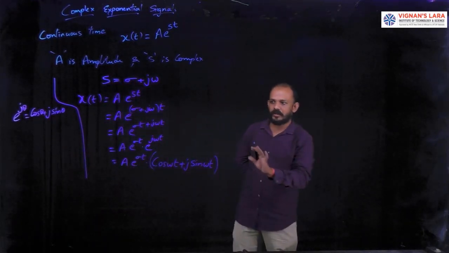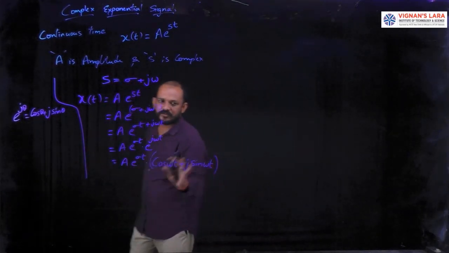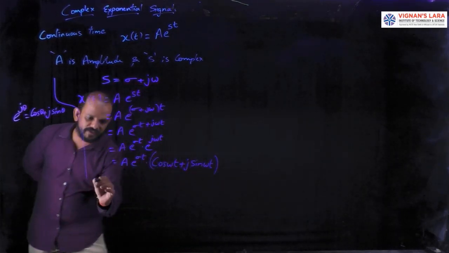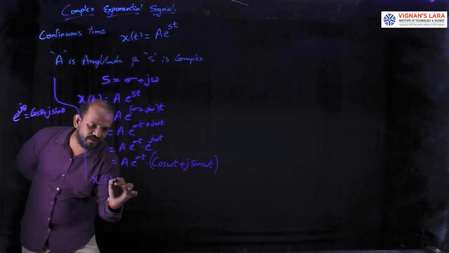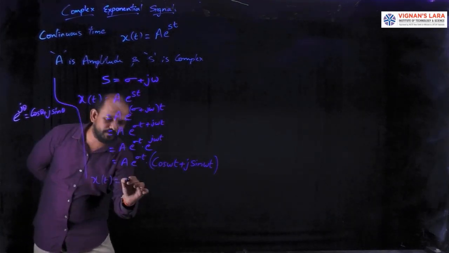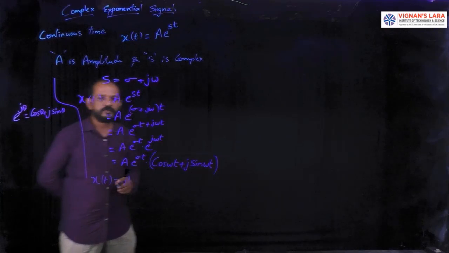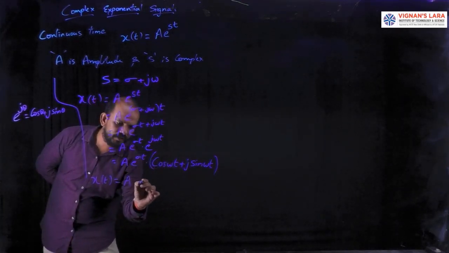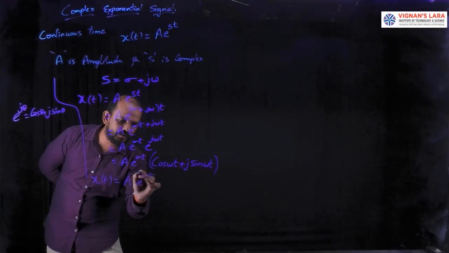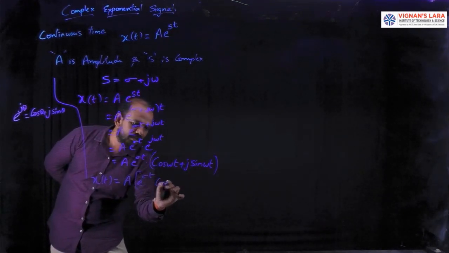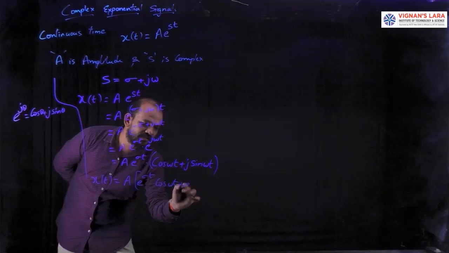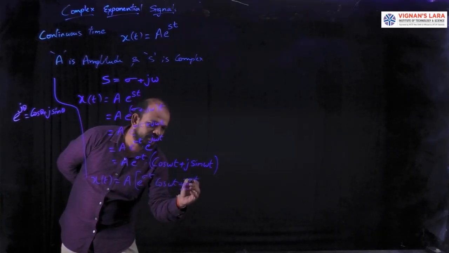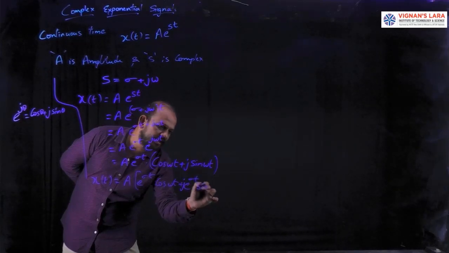I hope you are clear up to now. Simple logic. Finally, x of t is equal to amplitude A into, if you expand, e power sigma t cos omega t plus j into e power sigma t sin omega t.